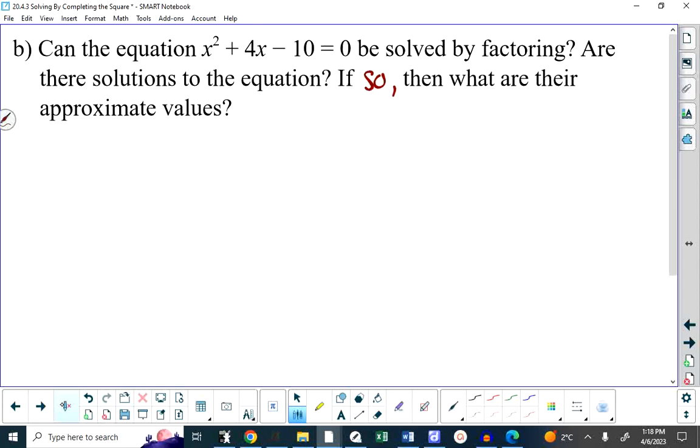There's two ways that you can determine if it can be solved by factoring. One of them is to try to factor it and realize it can't be factored. The other one is to do the b squared minus 4ac thing. Can everybody do a b squared minus 4ac calculation for me? These are calculations that should be fairly run-of-the-mill.